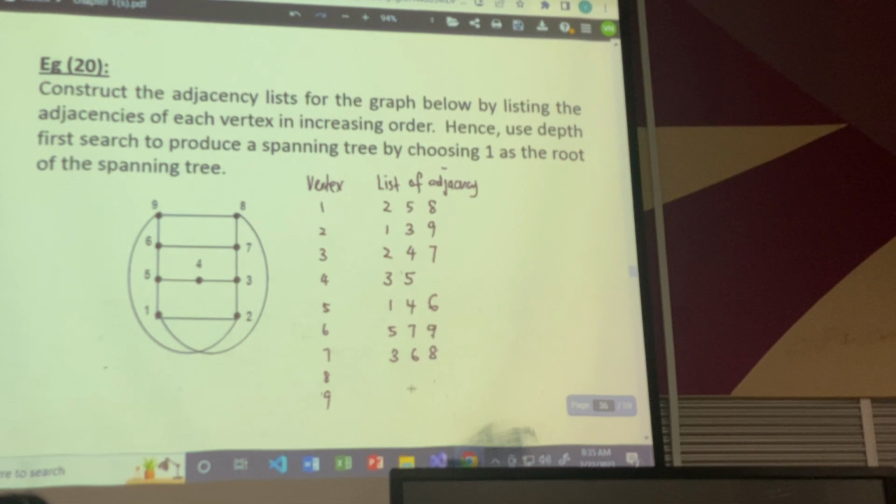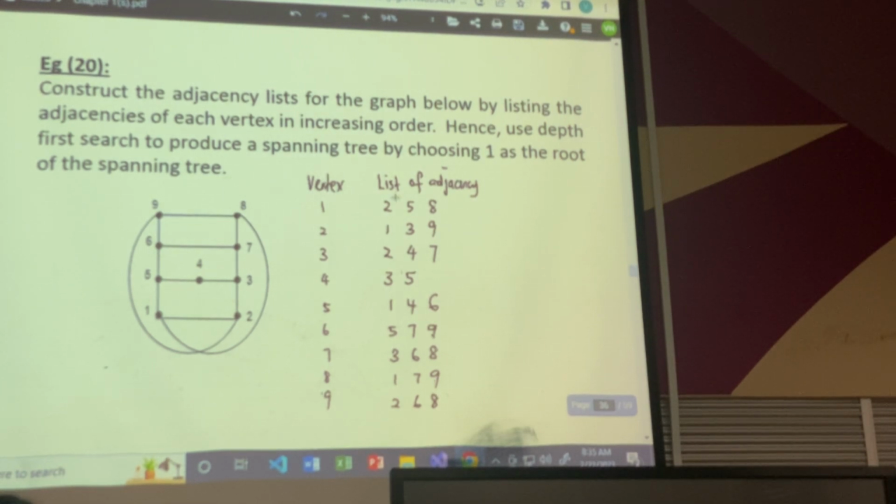And 9: 2, 6, 8. All the same? Okay, so these are the adjacency lists for the graph given here.